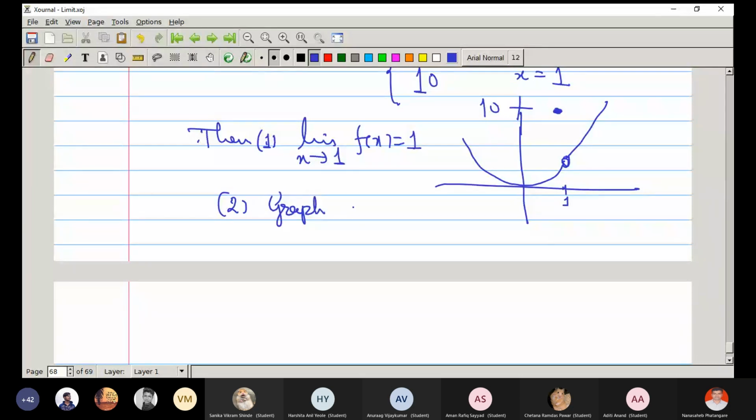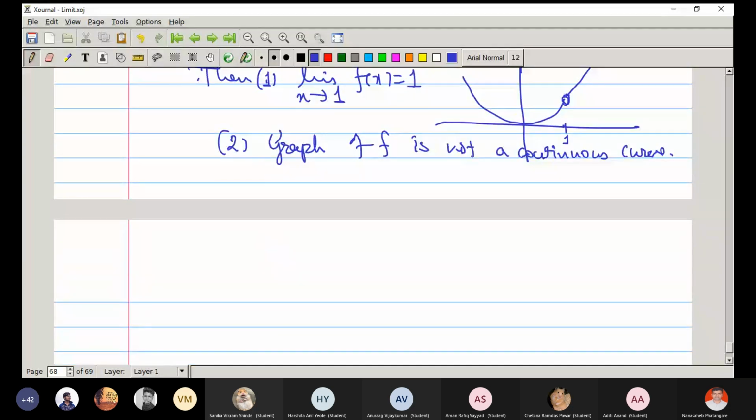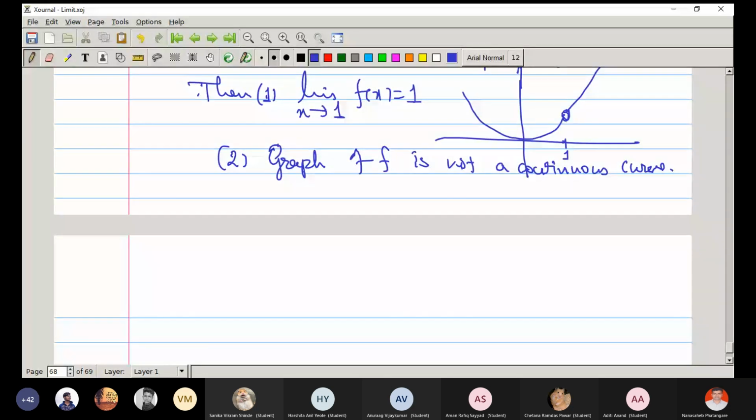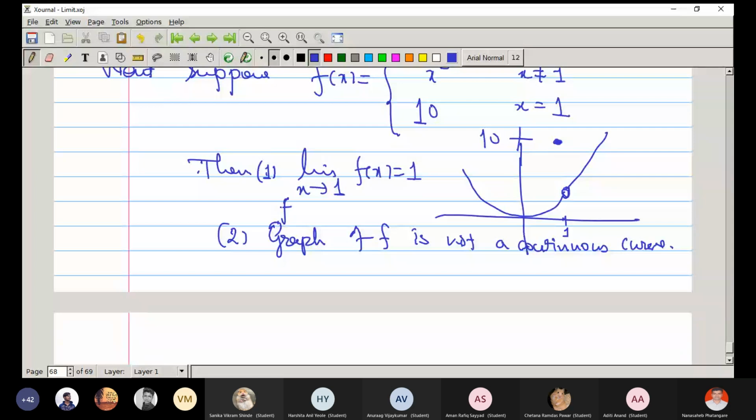The graph of f is not a continuous curve. So why did this happen? The given function is defined at 1, f of 1 is 10, this value is defined.